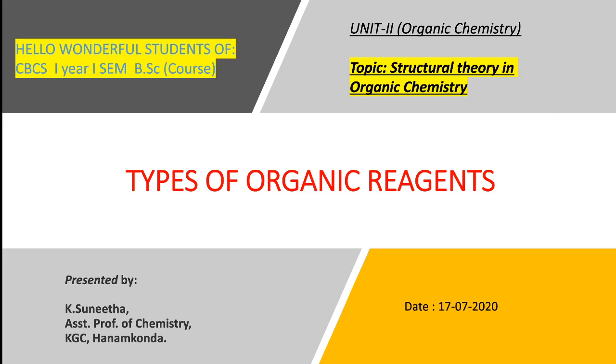Then during the fission of the chemical bond, we came across different types of radicals and ions produced. So those ions and radicals produced during the fission of a covalent bond are known as organic reagents. These are called organic reagents. So here we are going to discuss different types of organic reagents.